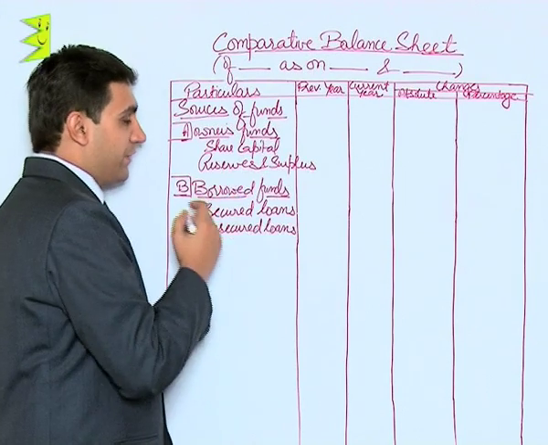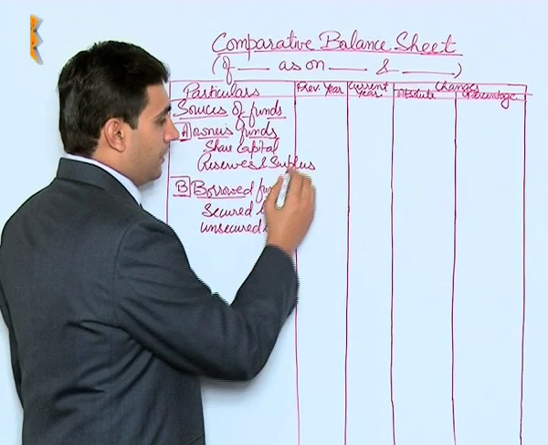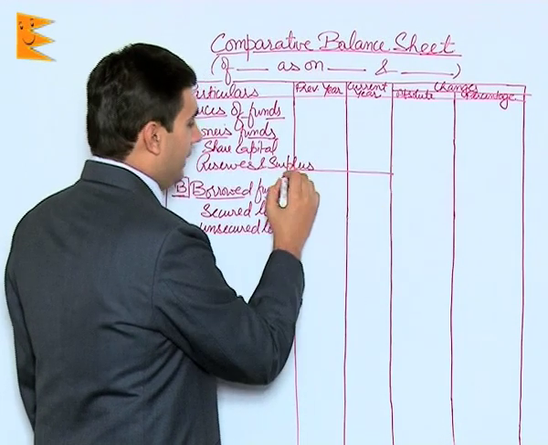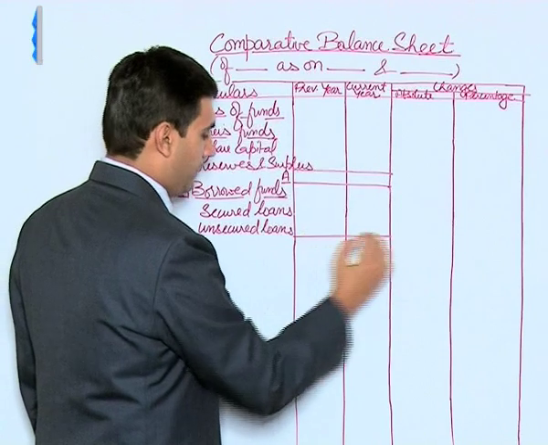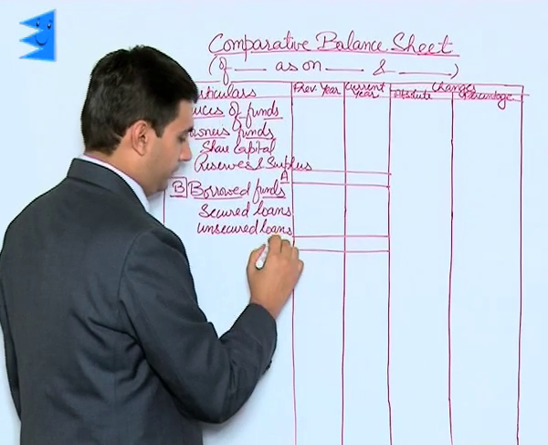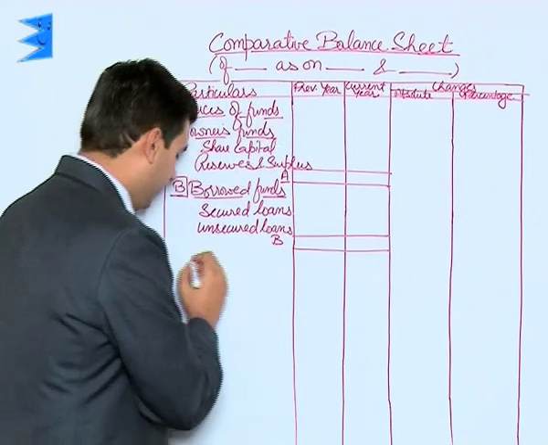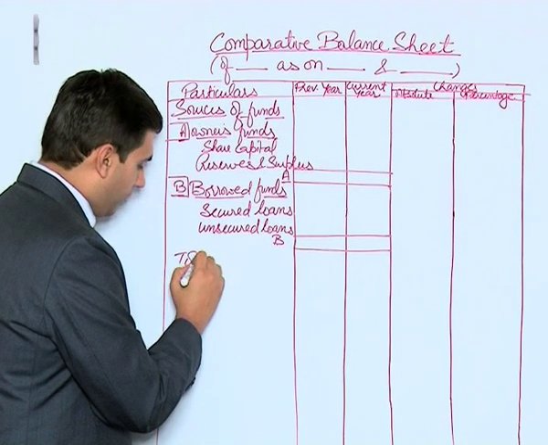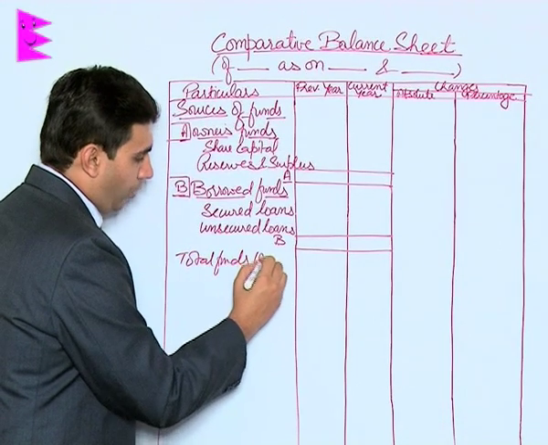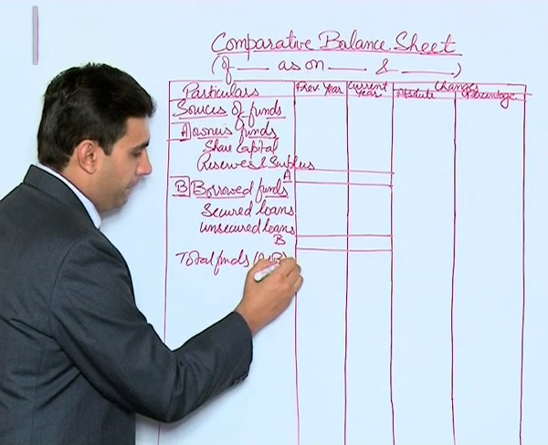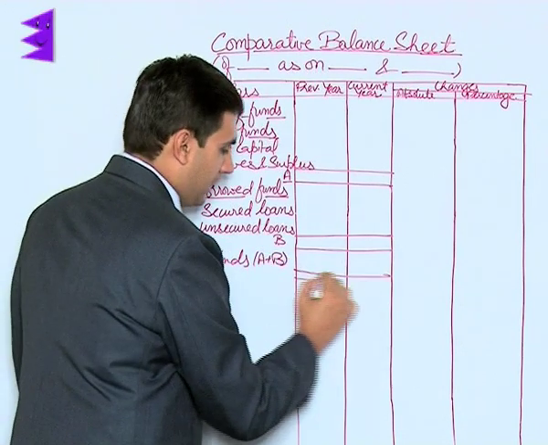Now students, once we have calculated both of these figures, we will name one as column A and the other as column B. And finally we will get total funds. Total funds are the sum total of A and B. This would be our grand total.